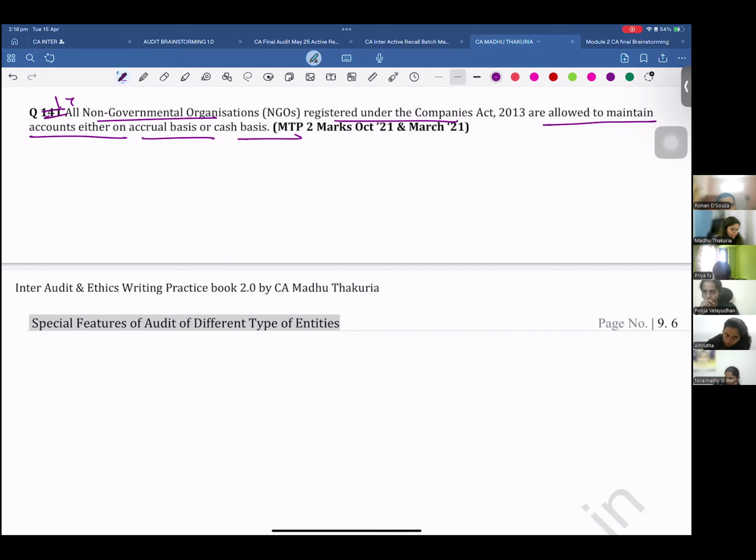Actually, I made my concept book based on this only, but I don't know how I got these section references. Just give me a moment, guys.